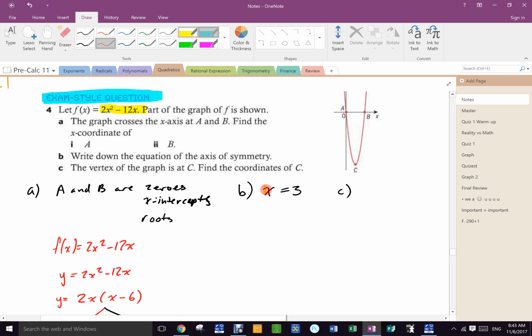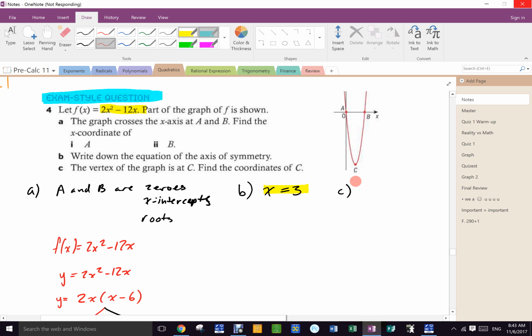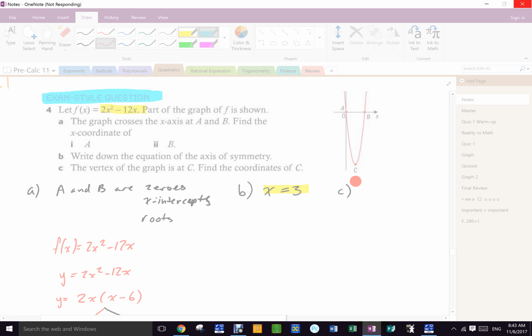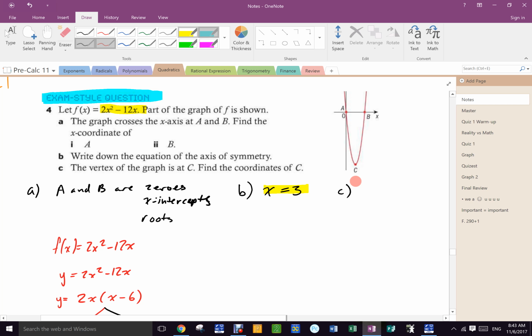What can I do with that and that? Plug it in. Since I want the vertex, and I know the vertex has to have an x value of 3, I just need a y value. y equals 2 times 3 squared minus 12 times 3.